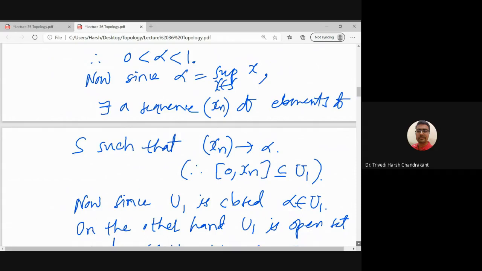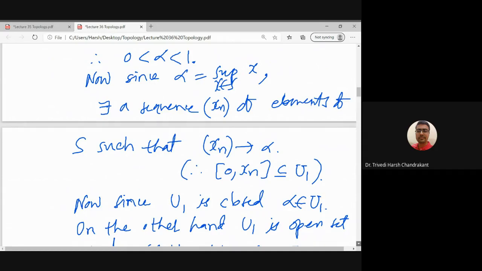So 0 to xn contained in u1 means xn belongs to u1, and xn converges to alpha and u1 is closed. So therefore, since every closed set contains its limit points, alpha belongs to u1.